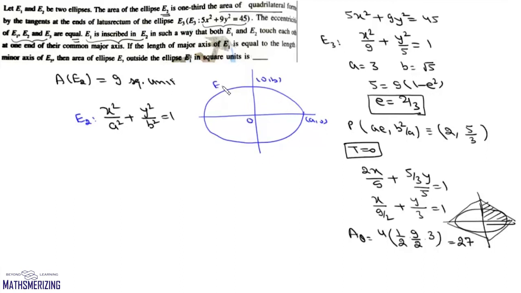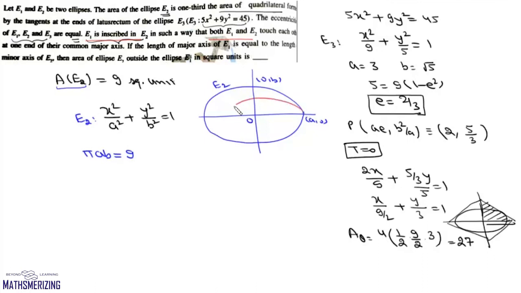So that's our ellipse E2, and we know that the area of any ellipse is pi ab. So pi ab is equal to 9 square units. Now it says E1 is inscribed in E2 in such a way that both E1 and E2 touch each other at one end of their common major axis.